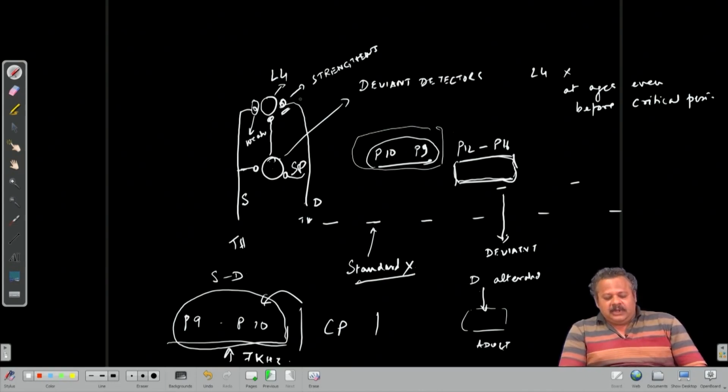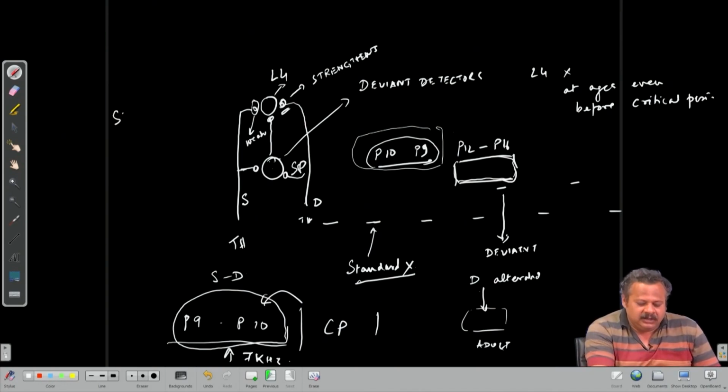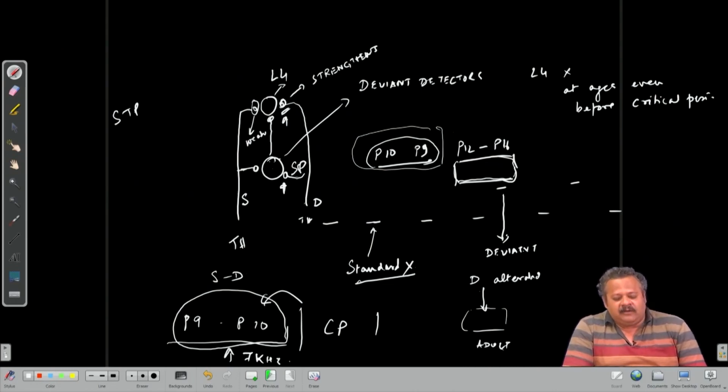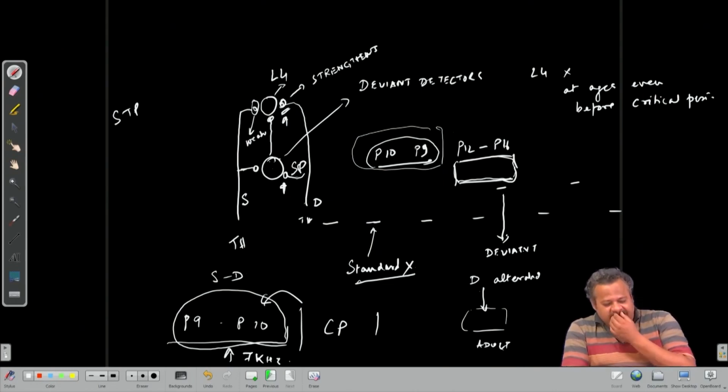So here there are two things in the modeling at play. One is the modeling of the short term plasticity at the synapses, which you know how to implement, and there is long term plasticity also in the same synapses, which leads to the strengthening or weakening of the standard and deviant synapses.